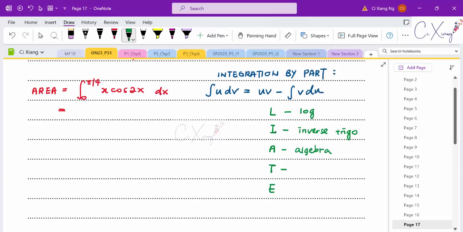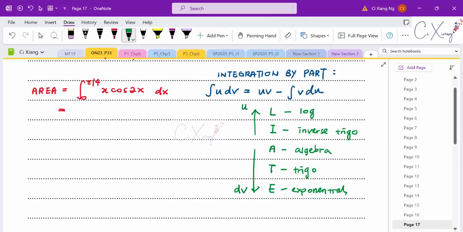Then T will be trigo, and E will be exponential function. If your function belongs to the higher group, then it will be u. If your function is in a lower group, then it will be dv.